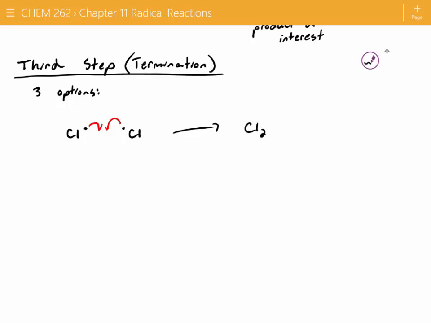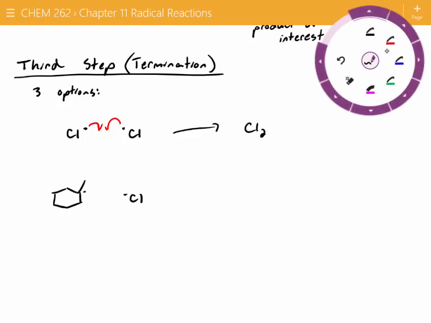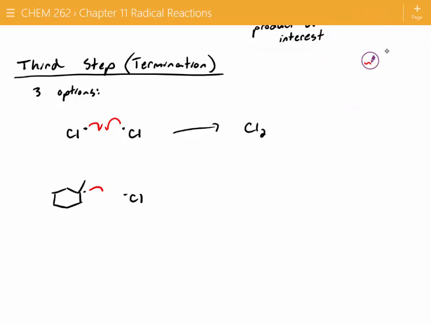Okay. The other option is we can have our alkane radical react with some extra chlorine radical and produce more product, which is desirable. I'm going to put CH3s on here so we're being consistent.